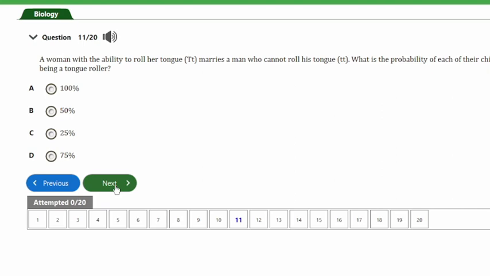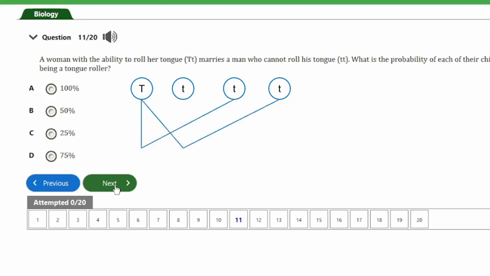So this shows that we have to actually make a cross here. If we make this cross, we'll have capital T and small t, that's heterozygous here, and then we'll have small t, small t, that's homozygous recessive here. So guys, let's go ahead. We know our usual pattern: cross the first with the first, cross the first with the second, cross the second with the first, and cross the second with the second.